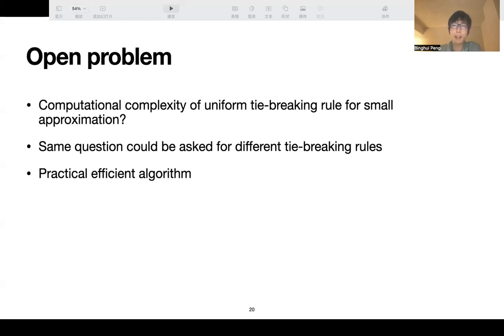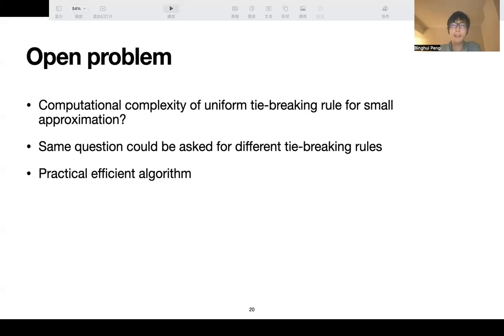But it's a very nice question if one can figure out the computational complexity when epsilon equals 1 over poly(n), that is, when you want to find a very high precision equilibrium. The same question can be applied to the different tie-breaking rules, like the VQ rule and also the indexing rules.